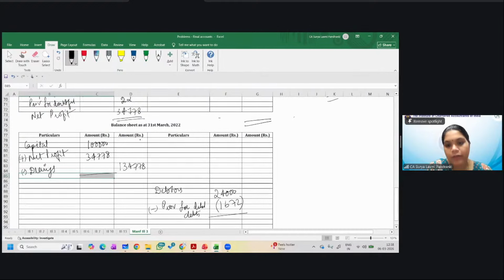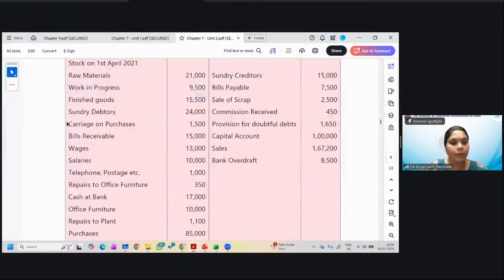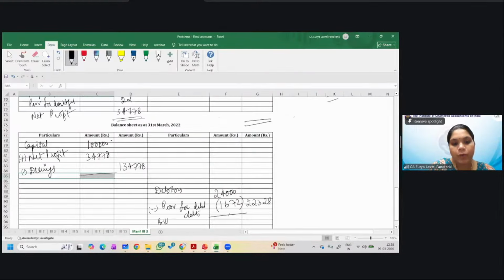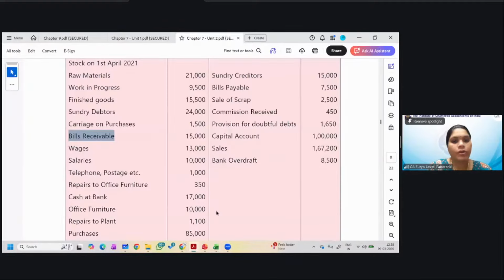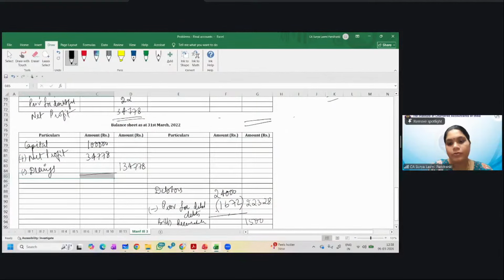Total figure, final figure, 22,328. Got it. Next item. Carriage will not take. Bills receivable. Okay. Bills receivable will come on the asset side. Bills receivable, how much? 15,000.